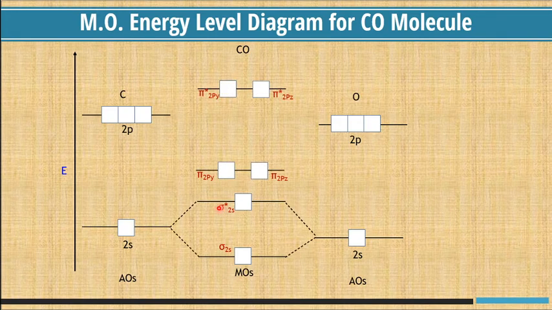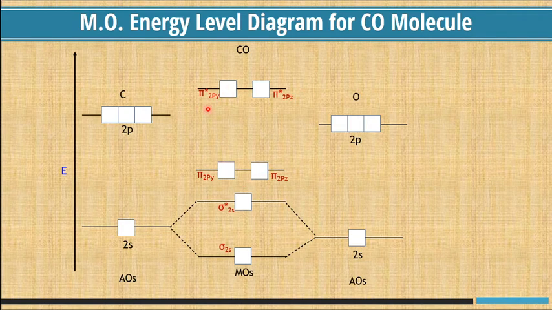Similarly, the 2p orbitals of carbon and oxygen combine with each other and give rise to the formation of bonding molecular orbitals, that is pi 2py and pi 2pz, which have equivalent energies. Therefore these are degenerate orbitals.